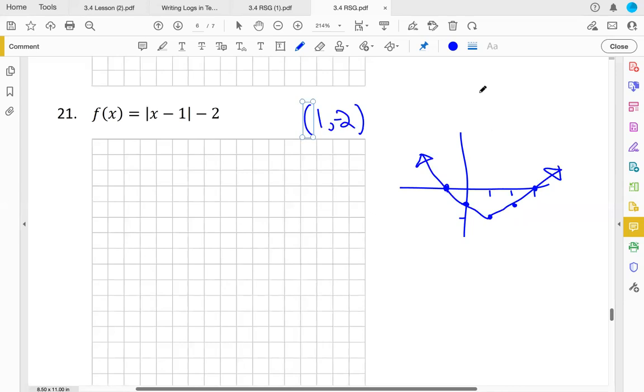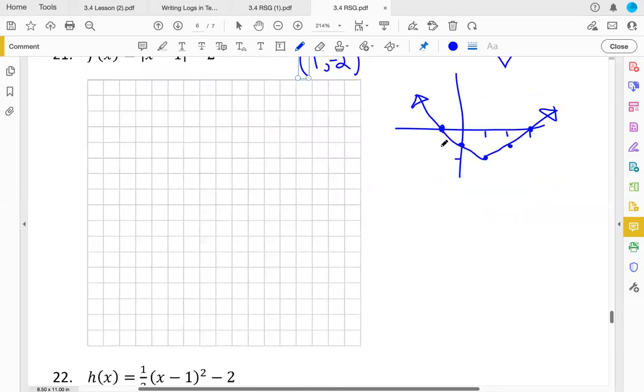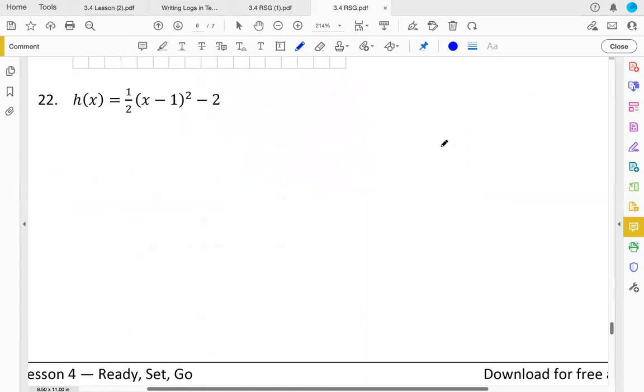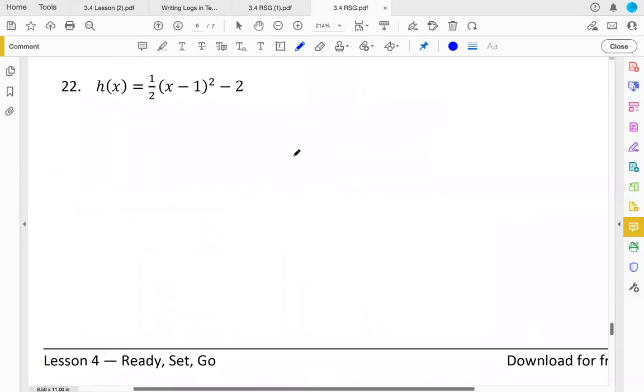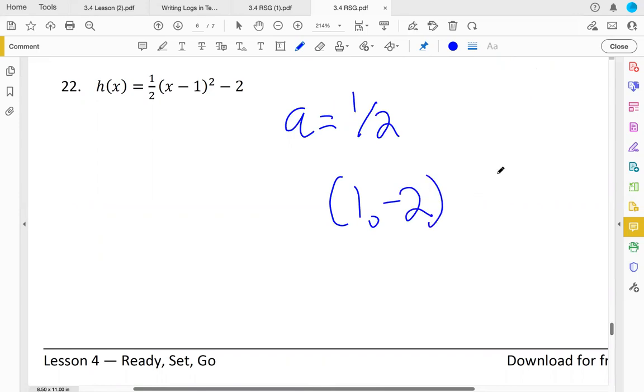Again, make it more like an absolute value versus a quadratic. Dude, integrated just does so much. A is 1/2. Your vertex is 1, -2. You've done these problems so much. Integrated, so sick. I'm going to leave this here for you.